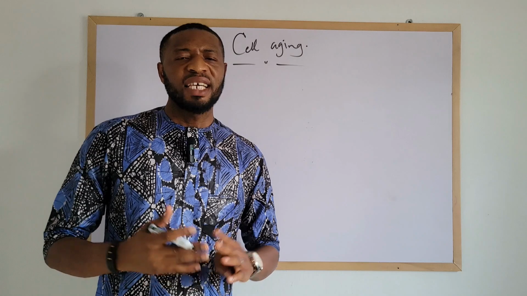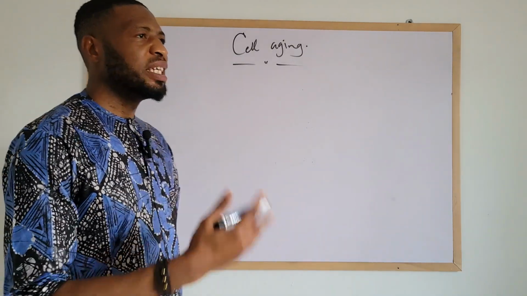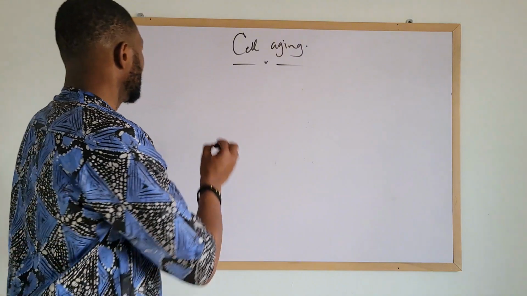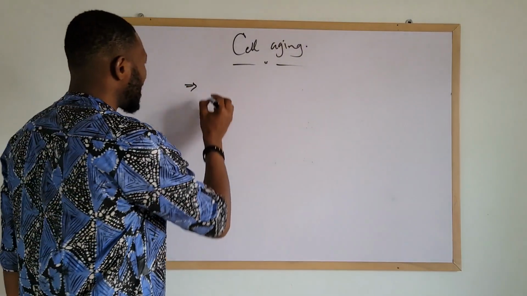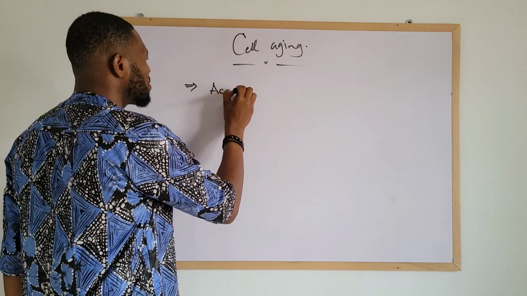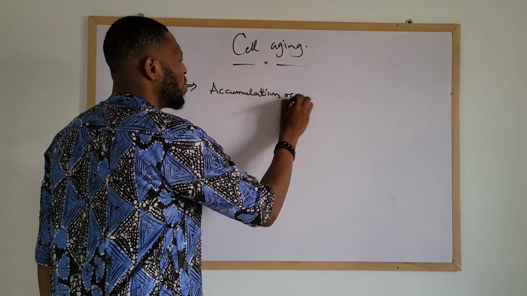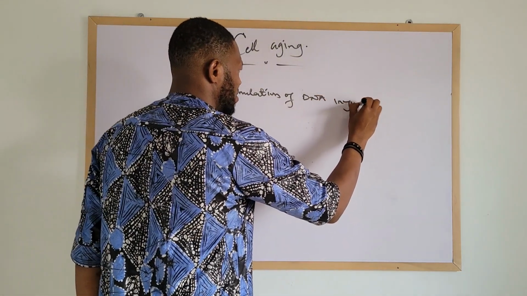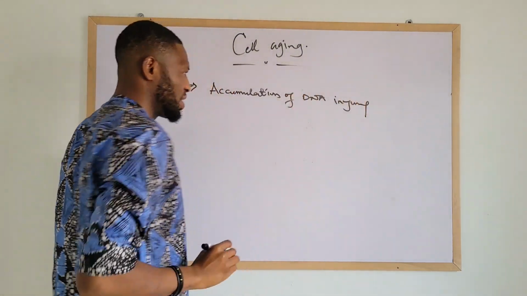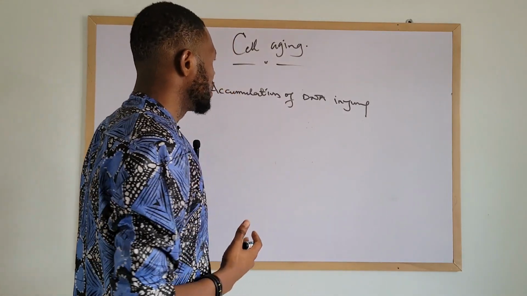Cells age because as the cell continues to live, it incurs DNA injury over time, and accumulation of DNA injury contributes to cell aging.